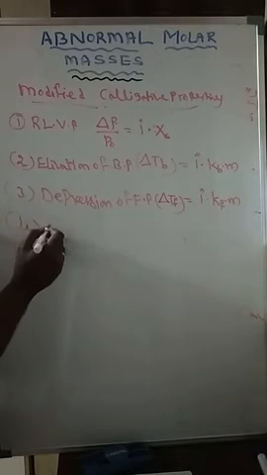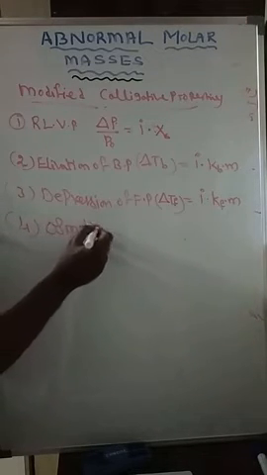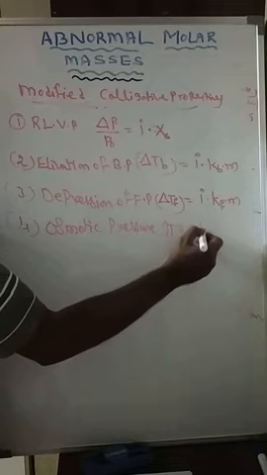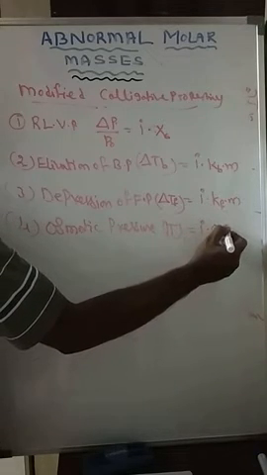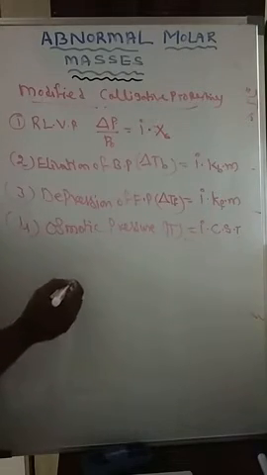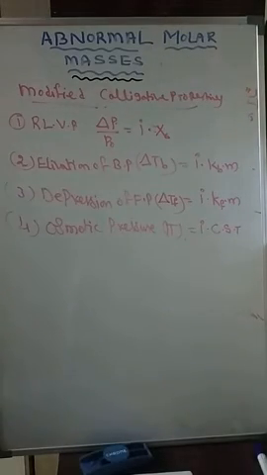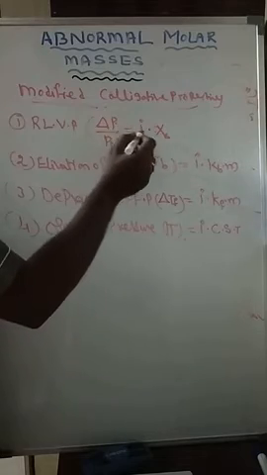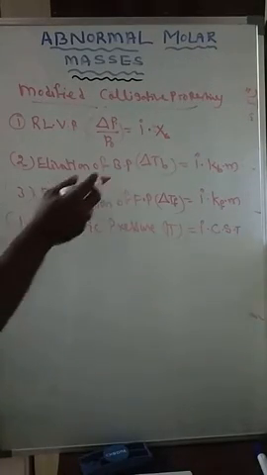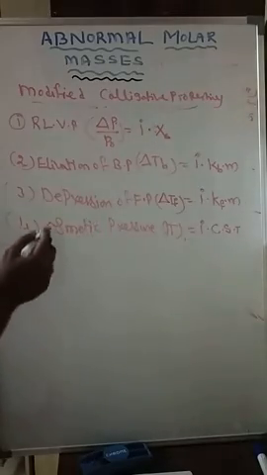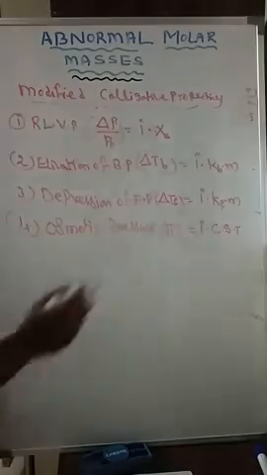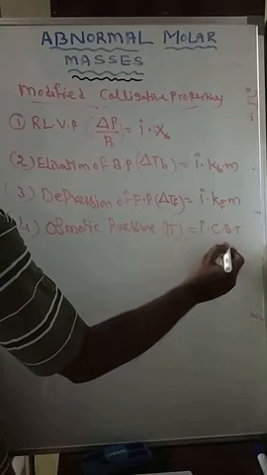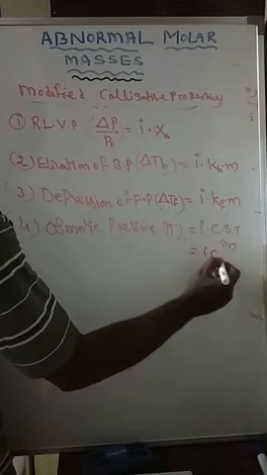And next one, osmotic pressure, pi, becomes i into C into S into T. So after modification of the colligative properties: delta P by P naught is equal to i into XS, elevation of boiling point delta TB is equal to i into KB into m, depression of freezing point delta TF is equal to i into KF into m, osmotic pressure pi is equal to i into CST, or instead of CST you also use i into CRT.